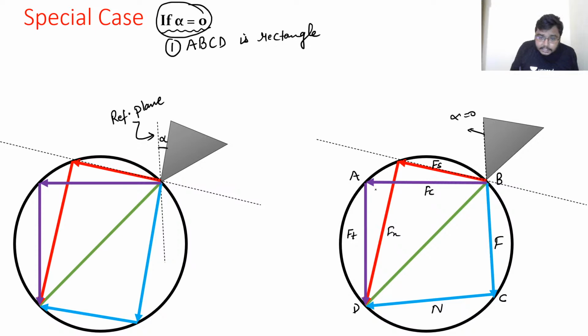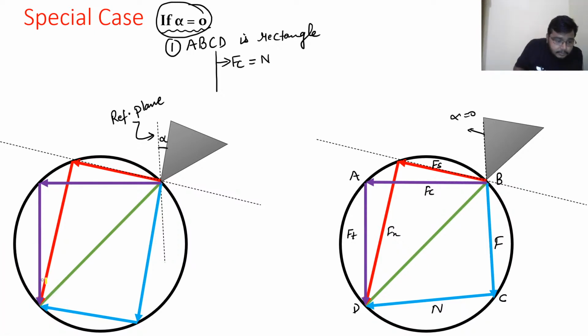So this whole thing will be rectangle. And what is the property of rectangle, sir? Property of rectangle is that opposite sides will be equal. So what does it mean, sir? This is FC. FC will be equal to N.